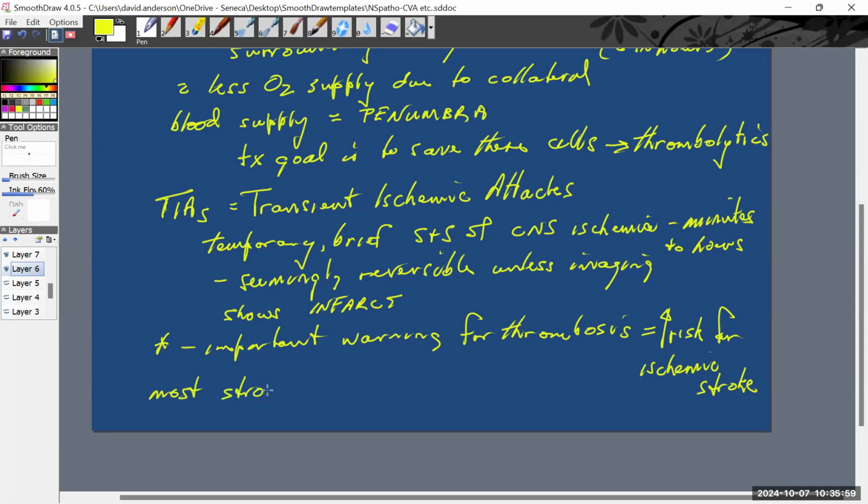About 30% of stroke patients had at least one TIA previously.